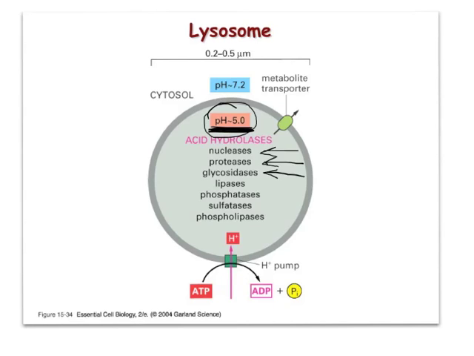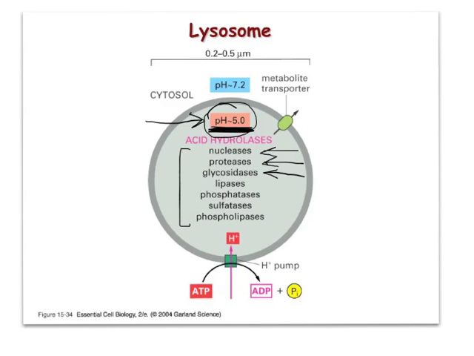And there are of course also enzymes to degrade lipids, compounds that contain other types of components such as sulfates, as well as phospholipases, which will be degrading phospholipids. So lysosomes constitute the main recycling center within the cell. All of these enzymes are active only under the low pH conditions that prevail within the lysosome.